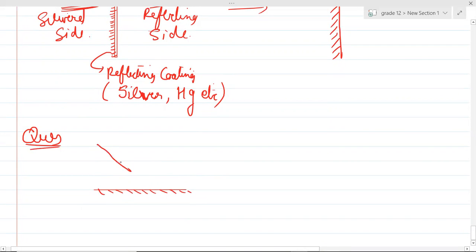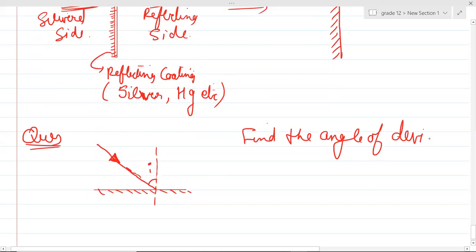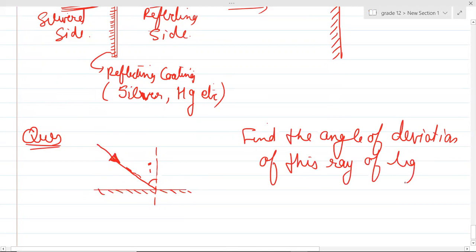A light ray is incident at an angle i. Guys, a light ray is incident on a mirror at an angle i. The question is: find the angle of deviation of this ray of light. So by what angle will this ray deviate?